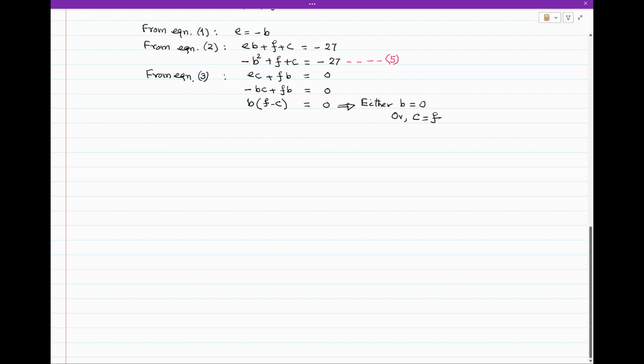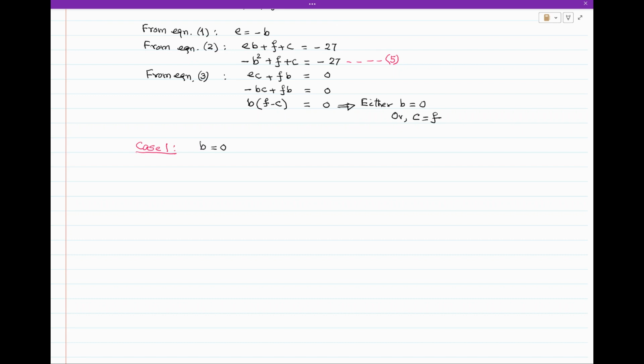Let us examine what happens when B is equal to 0, and then we will examine what happens when C is equal to F. Let us call case 1 when B is equal to 0.